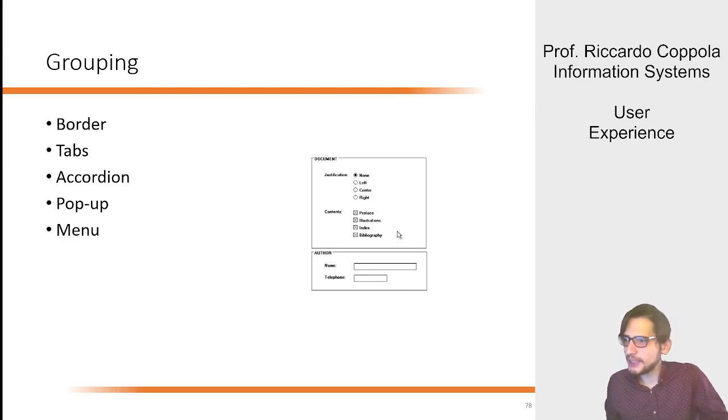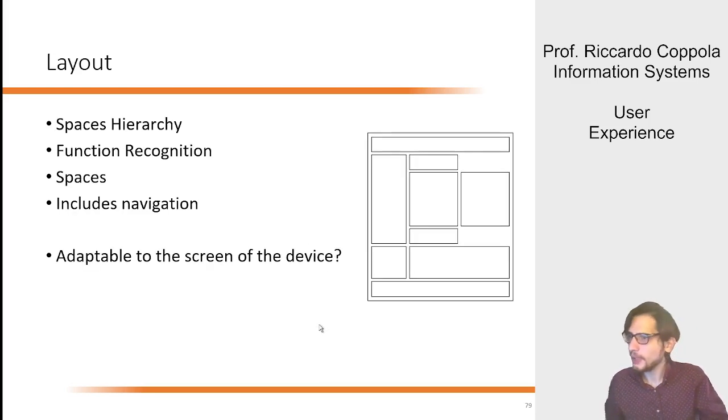For instance, in this case, I see a box for the document information and another box for the author information. So I know that this information here, the name, is not the name of the document, but the name of the author, and so on. Again, we will understand and see different operations about layouts.